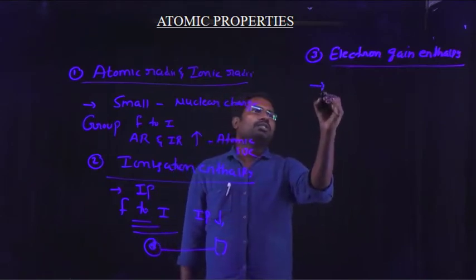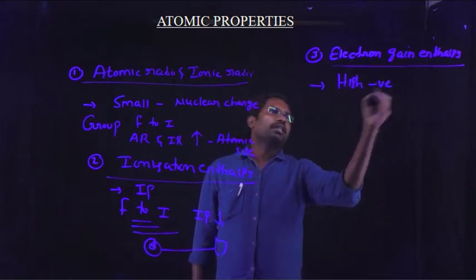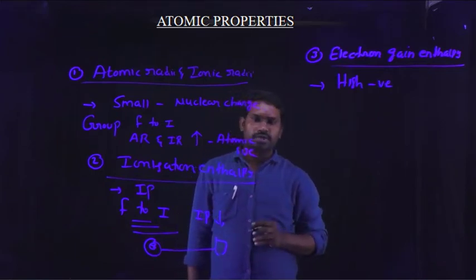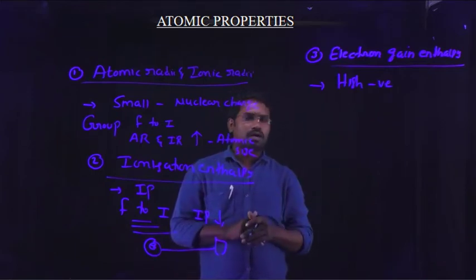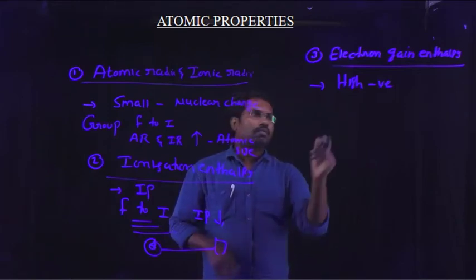Generally, halogens have high negative electron gain enthalpy values. Halogens are highly electronegative elements, therefore they have high negative electron gain enthalpy values.